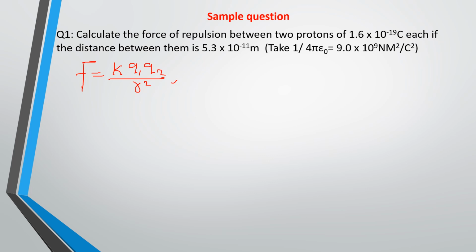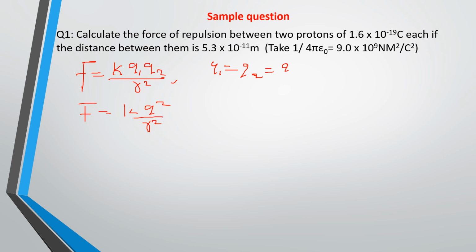Since it is two protons, it means that Q1 is equal to Q2, equal to Q. So in this equation, it will now be F equals K Q squared all over r squared.